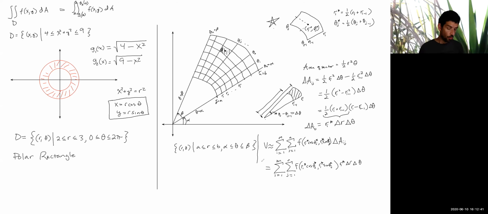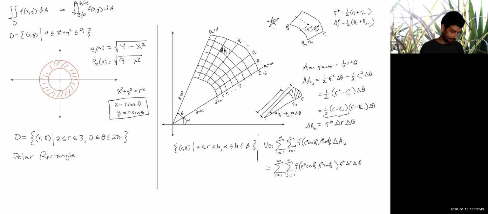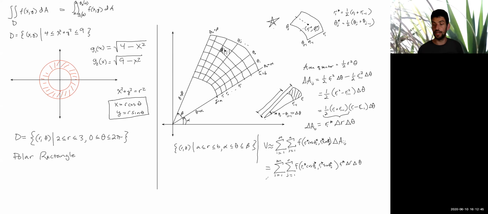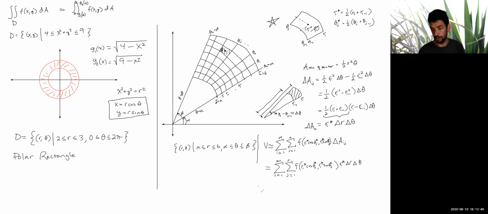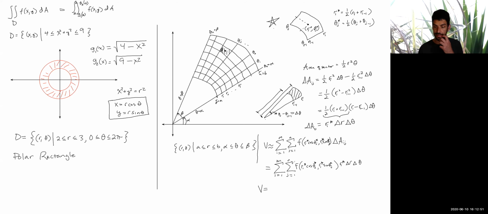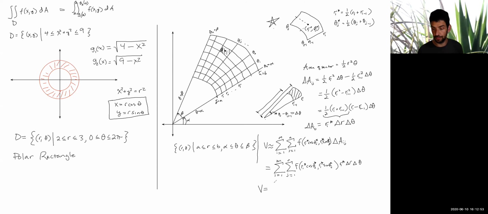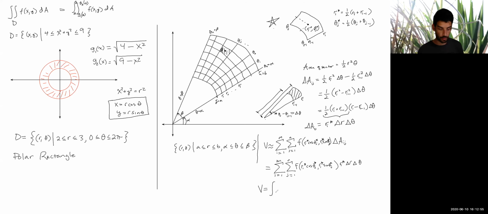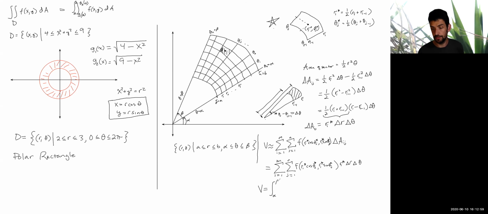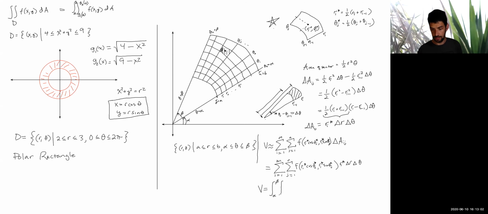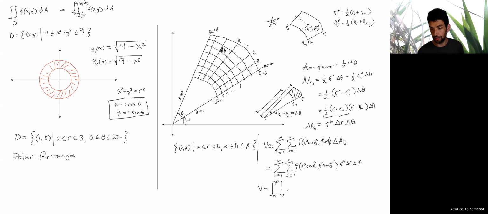Okay. Well, of course, in the limit, this becomes an integral. And the integral will look like this. When we take the limit of this thing as m and n go to infinity, we get the integral as we go from alpha to beta, the integral as we go from a to b.